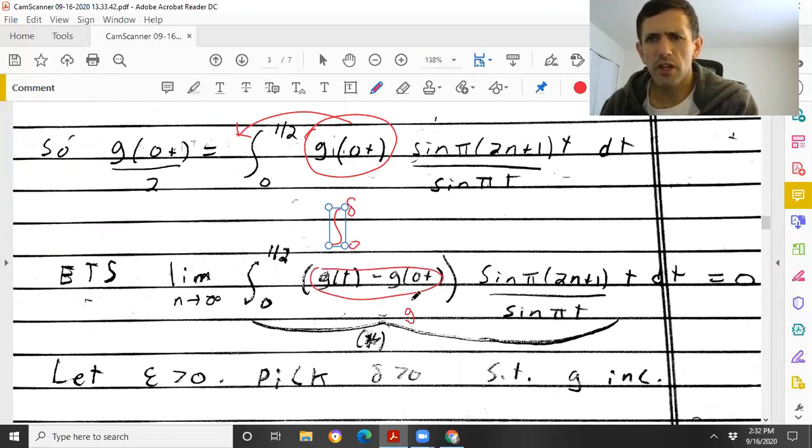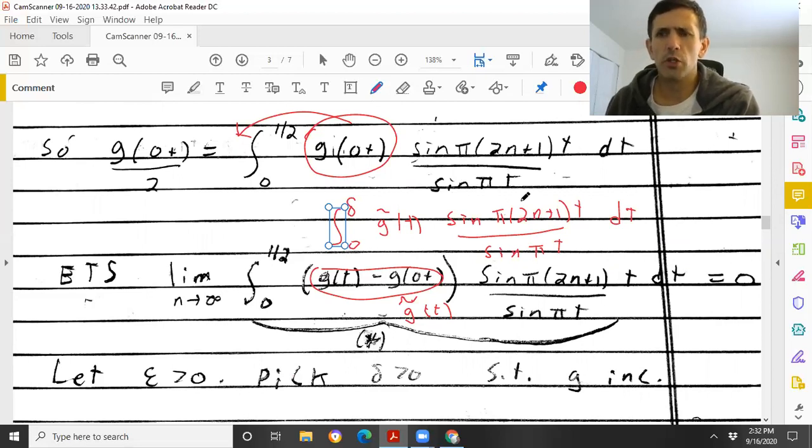Again, we're just modifying it at one single point, so there's no issue there. Same integral: sine of pi(2n plus 1)t over sine of pi t dt. We have to prove that this, as n goes to infinity, converges to 0.